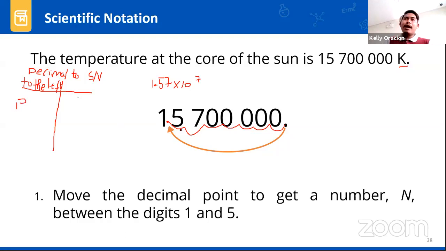Just like this one, we move the decimal point to the left, it's positive.